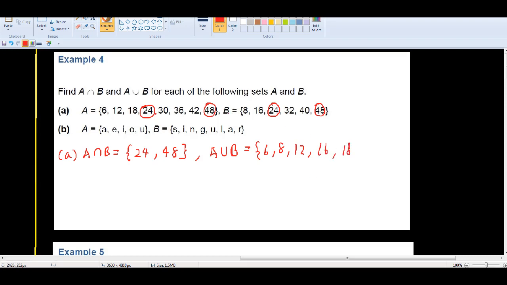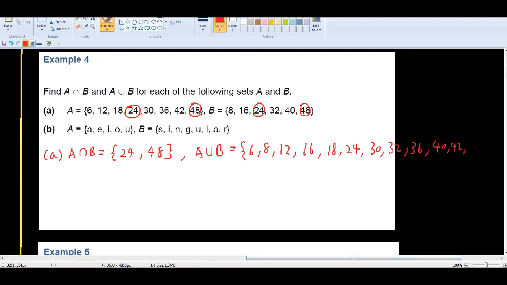And then should be 24, but we only copy 24 once. Next is 30, and after that should be 32, and then 36, and how about 40? Yeah, 40, 42. Then should be 48. Only copy 48 once. So here is a long list for the union of the 2 sets.